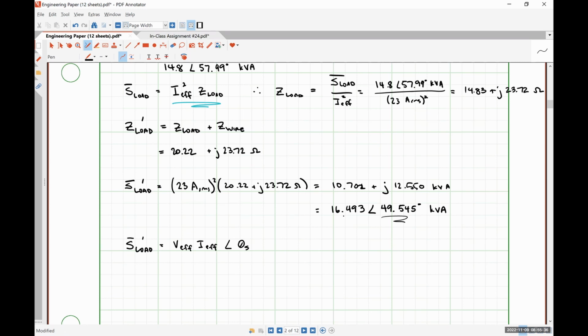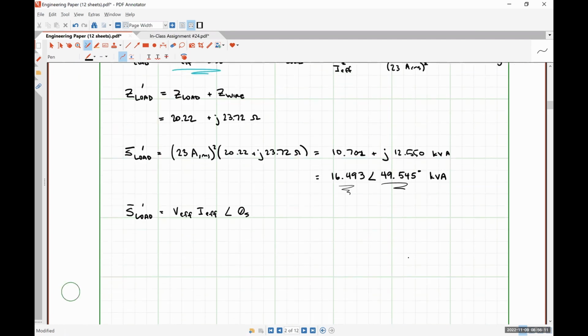So effectively, it looks like here, we could simply divide the apparent power by our current to get the magnitude of our effective voltage or phasor. Okay. I don't see anything wrong with that. So let me start by saying that was not the way that I had intended to do it.